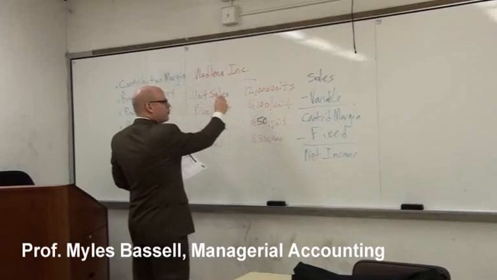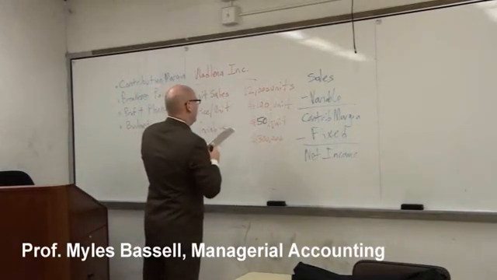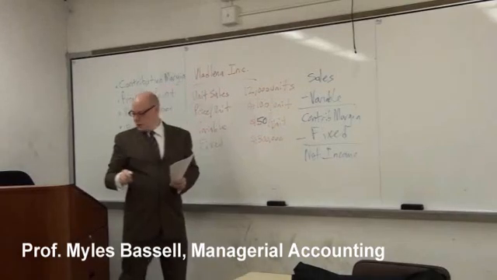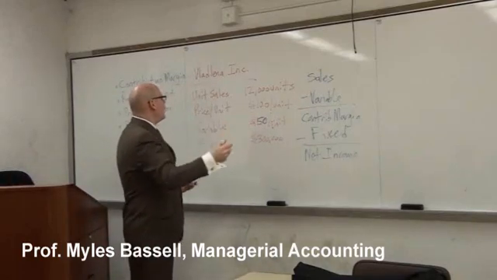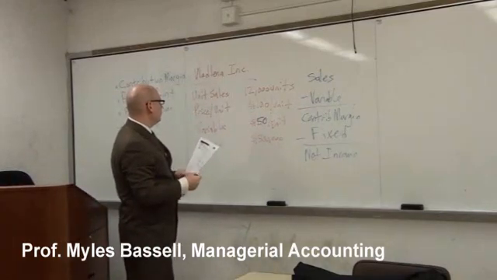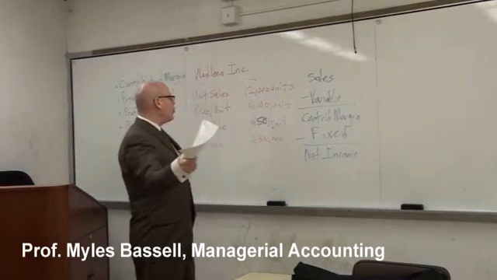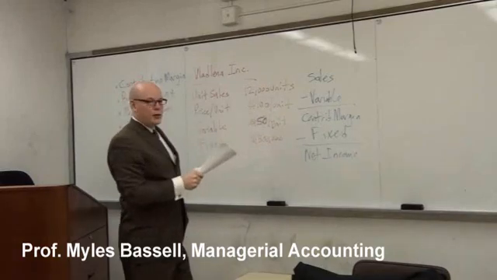Do they tell us sales? How much are sales? 800,000, 900,000, 750,000? They don't tell us, so we need to calculate that. So how do we calculate sales? What do we know that we could use to calculate the dollar amount of sales?